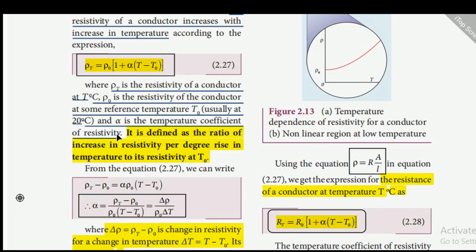Now, how to define this temperature coefficient of resistivity? That is defined as the ratio of increase in resistivity per degree rise in temperature to its resistivity at T0.